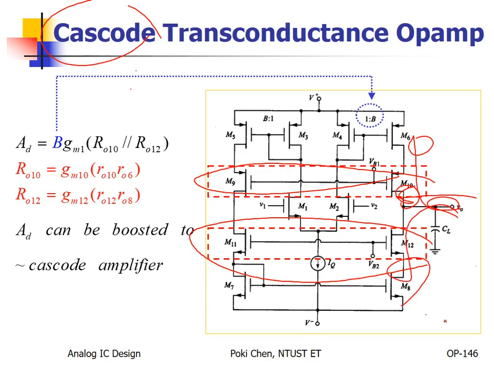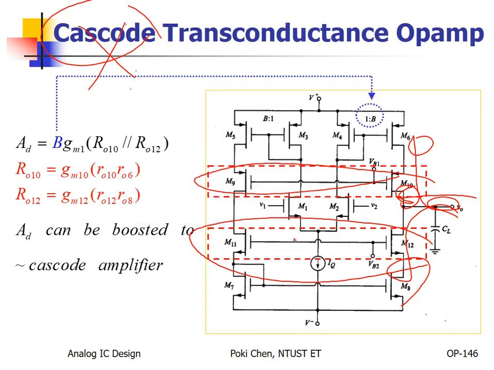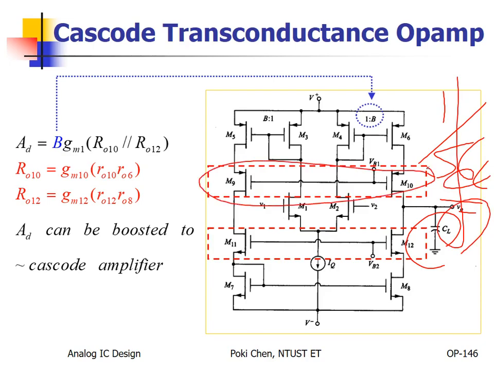But usually we don't apply this. Usually we are happy because the load looks like this, right? For AC condition, usually this is large enough. It means the impedance is small enough. So we don't need to care about the output resistance. That's the reason why.